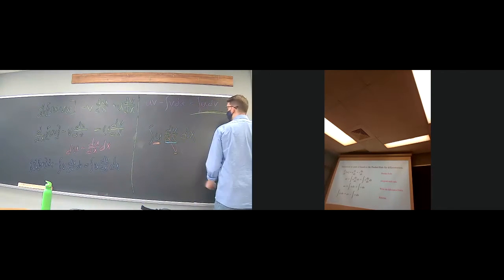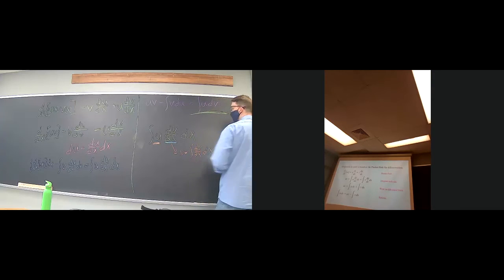So this is going to tell us that v is equal to the integral of dv/dx with respect to x, right? And this is going to tell us that du is equal to du/dx times dx.